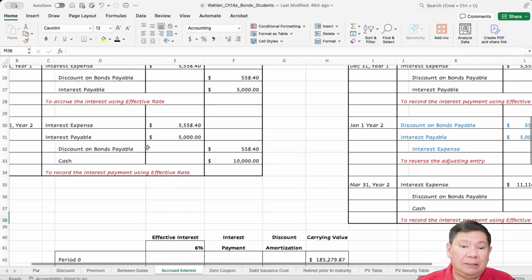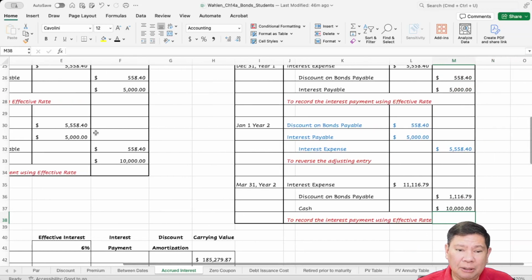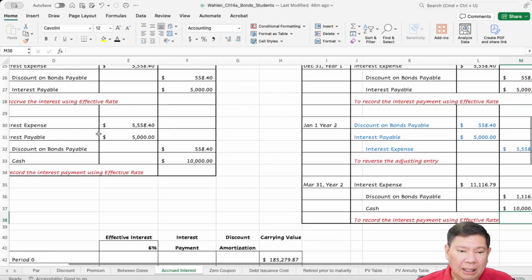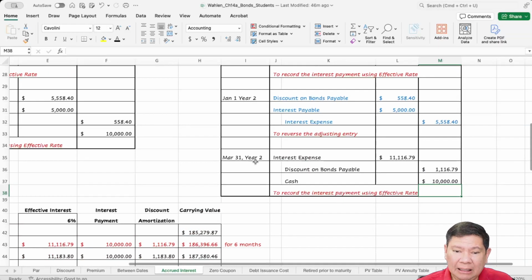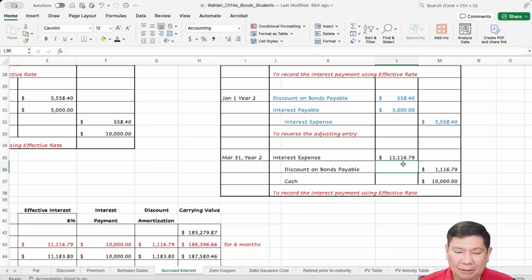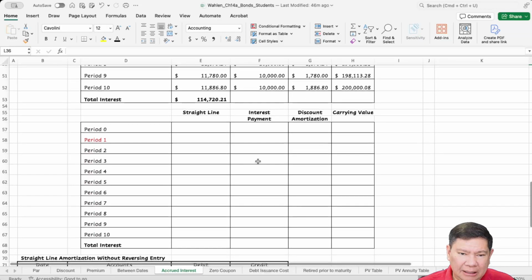So either one is right. We'll get the same amount of interest expense for January, February, and March, the same amount of amortization, either using this or using that. Okay, the second method is using straight line.